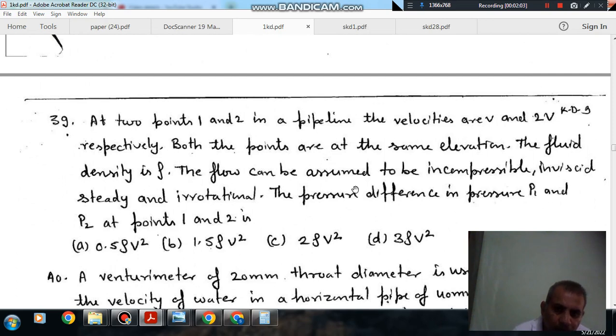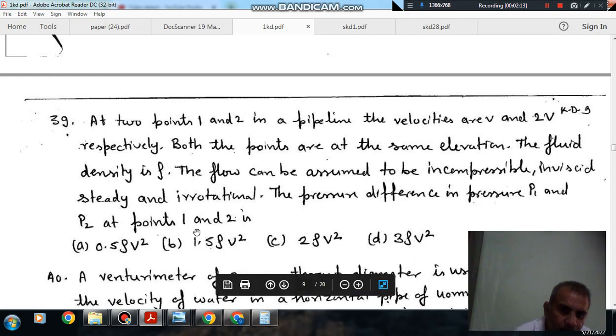The flow can be assumed to be incompressible, inviscid, steady and irrotational. The pressure difference P1 minus P2 between points 1 and 2 is: option A 0.5 rho v square, option B 1.5 rho v square, option C 2 rho v square, option D 3 rho v square.